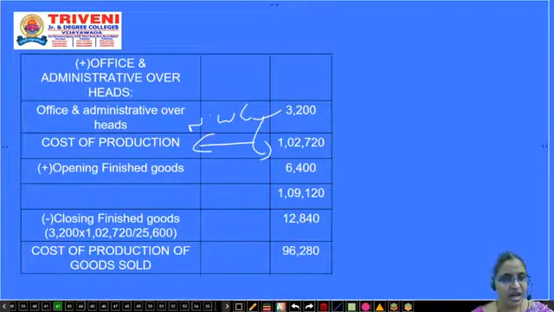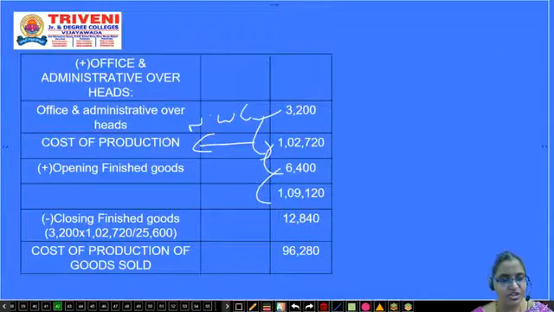After that, add opening finished goods. The opening finished goods was 6,400. Now 1,02,720 plus 6,400, you got the amount 1,09,120. After that, minus closing finished goods. The closing finished goods was not given in the problem. They mentioned only the opening finished goods.